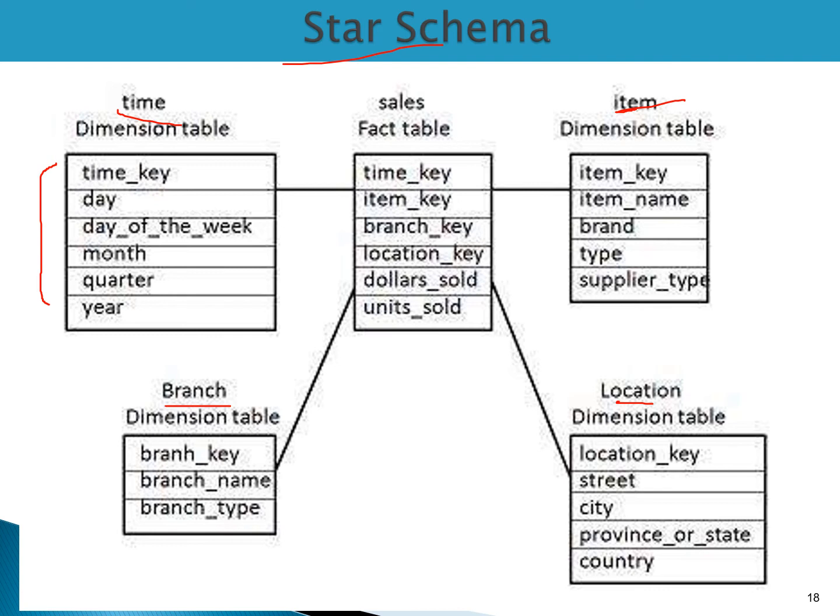The dimension table also has a primary key, for example in the time table there is a primary key time_key, which is a foreign key in the fact table. You can see that there is only one kind of relationship between these tables, and that is a one to many relationship between the dimension and the fact table.